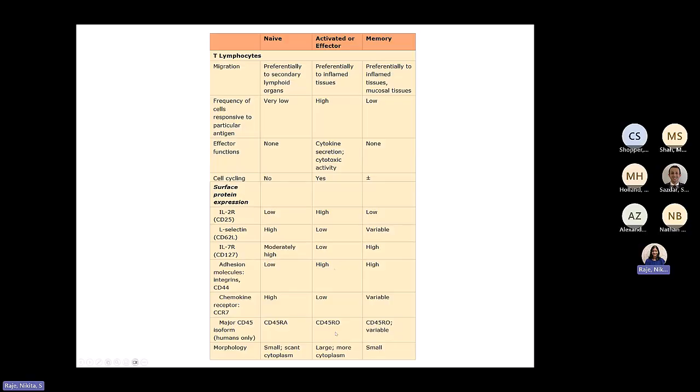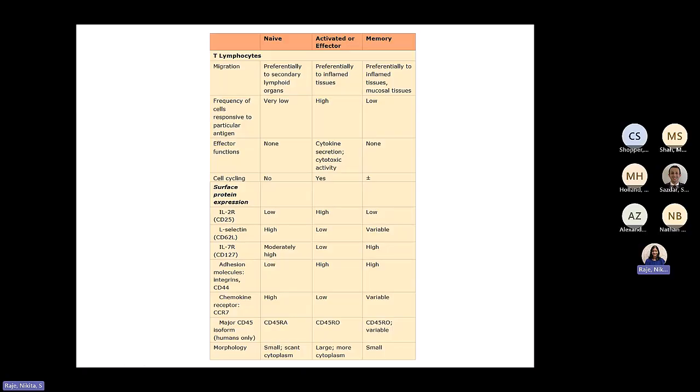The important thing to note here is the surface protein expression. So here we are talking about T cells. The IL-2 receptor alpha, CD25, the same thing, right? The two names for the same marker, is high when there is activation. The naive T cells do not express CD25. Once they are activated, the expression will go higher, and then when they become memory cells, again that expression of IL-2 receptor or CD25 will be lower.